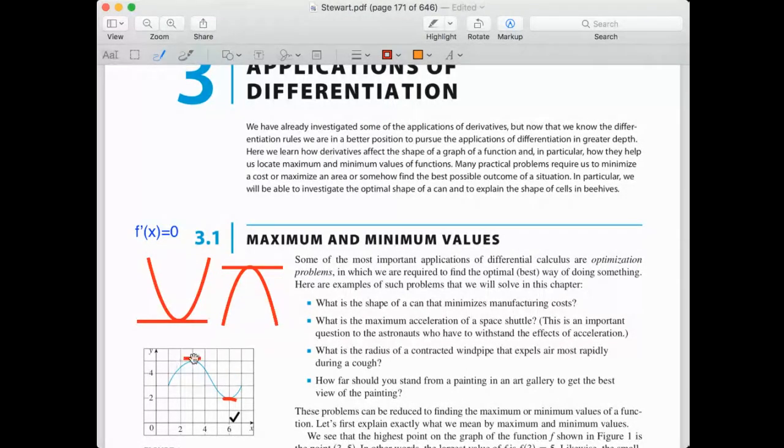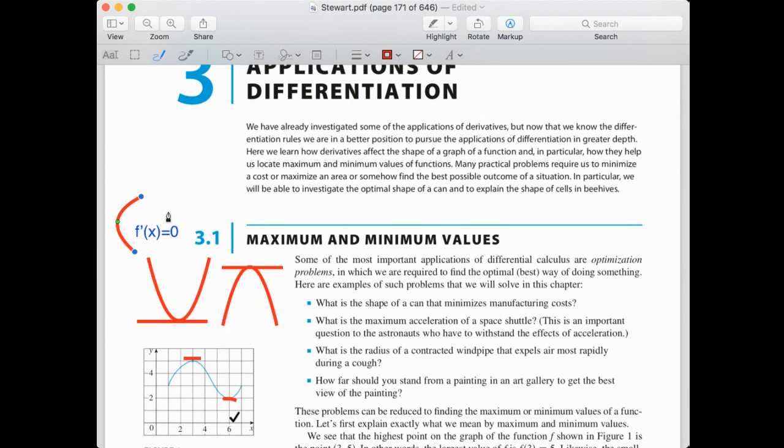We use this as a tool: take the derivative of the function, set it to 0, and solve for x.